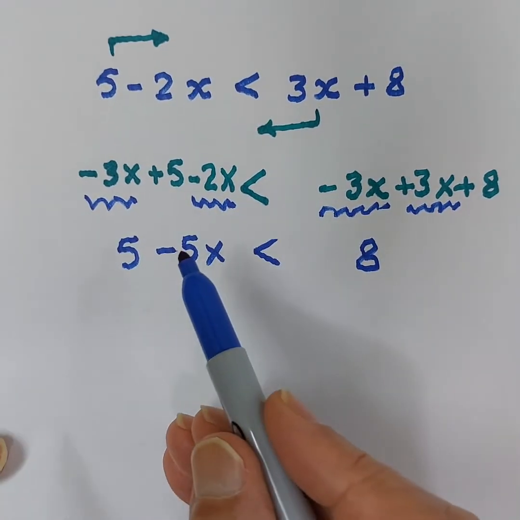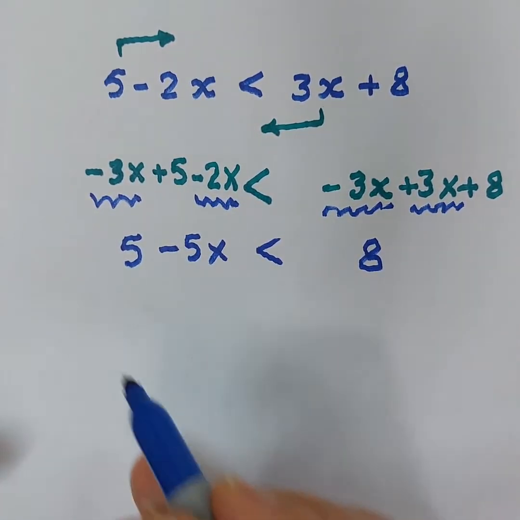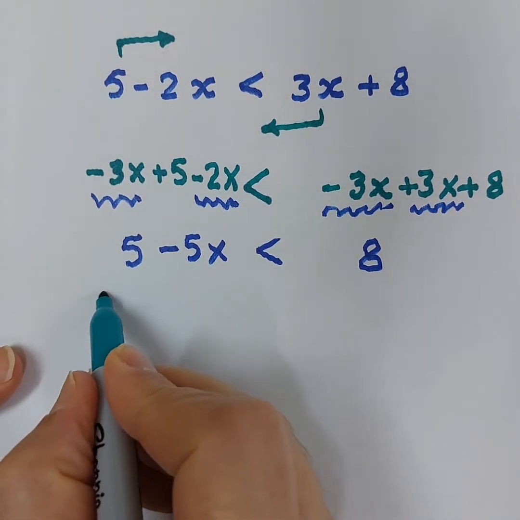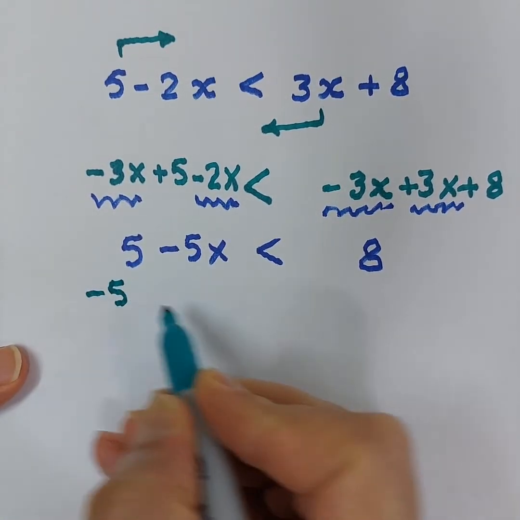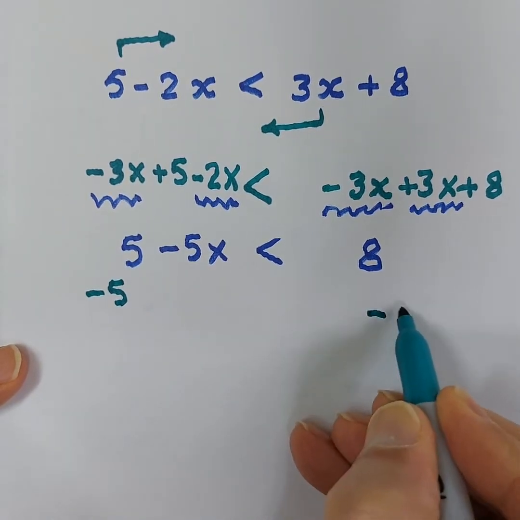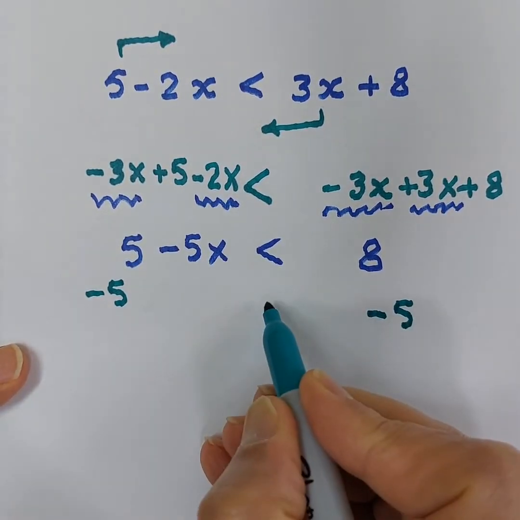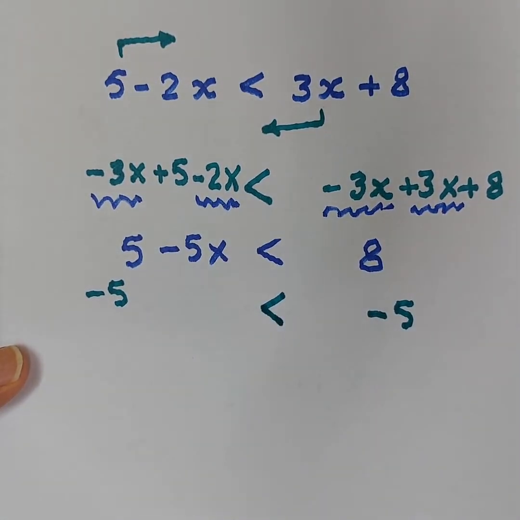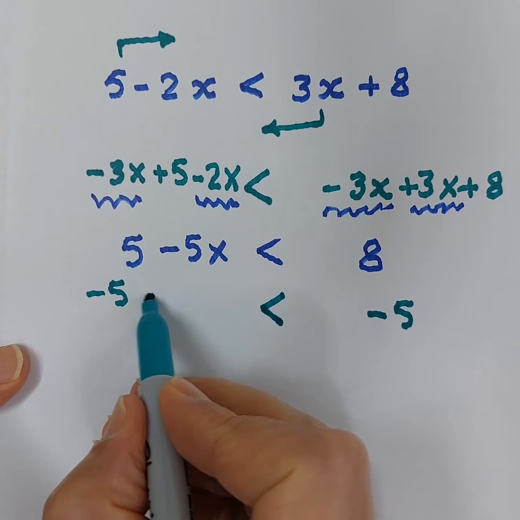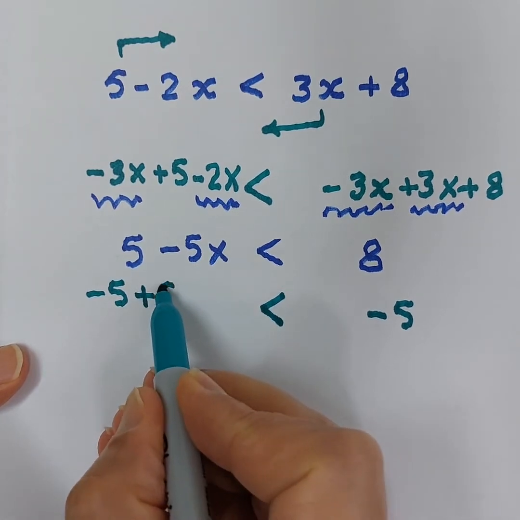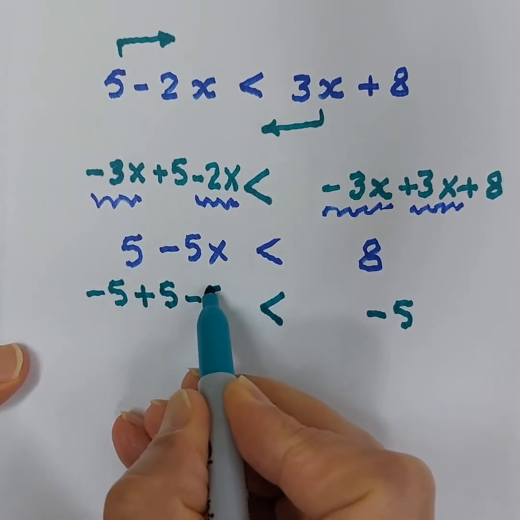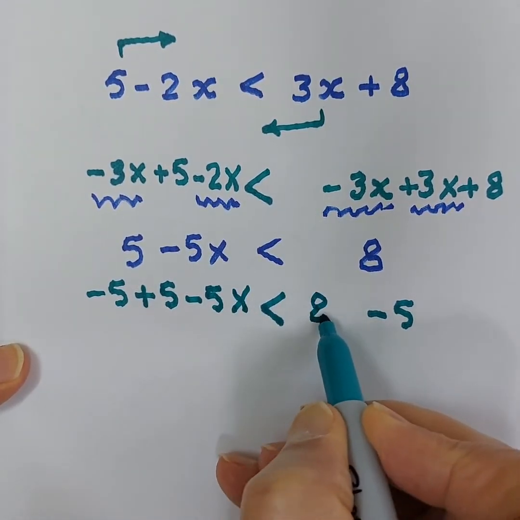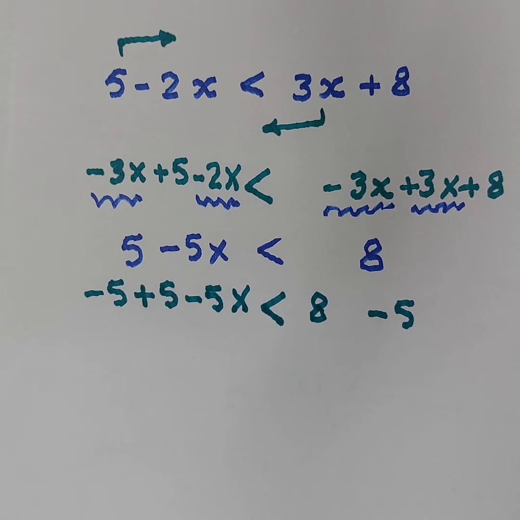So we add minus 5 on both sides. If I add minus 5 here and minus 5 here, the sign of inequality will stay without a change. So here we will write plus 5 minus 5x, and here 8 minus 5.